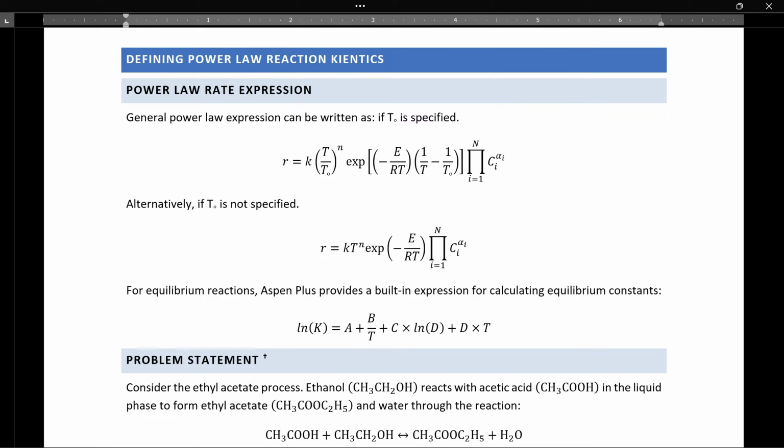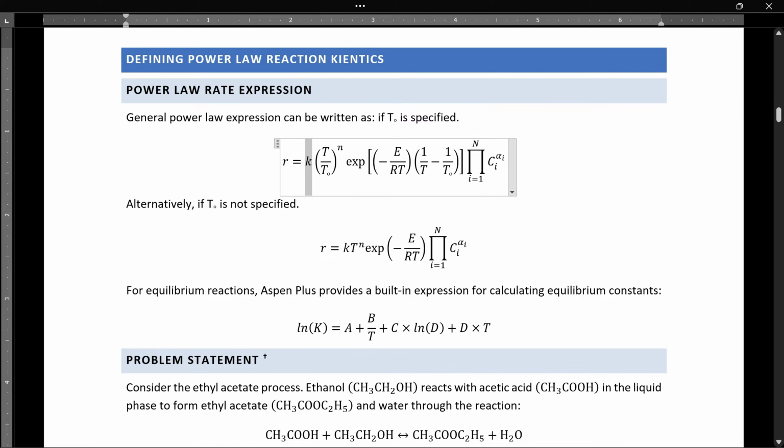The involved kinetic factors include the rate constant, pre-exponent, temperature exponent, and activation energy. The concentration can be defined in terms of molarity, molality, partial pressure, mass concentration, etc. The equilibrium constant involved can be defined as a function of temperature, and Aspen Plus uses its default expression of the equilibrium constant as shown here.